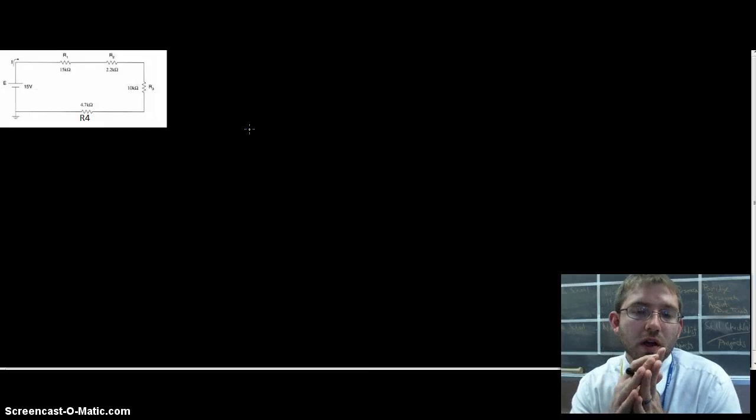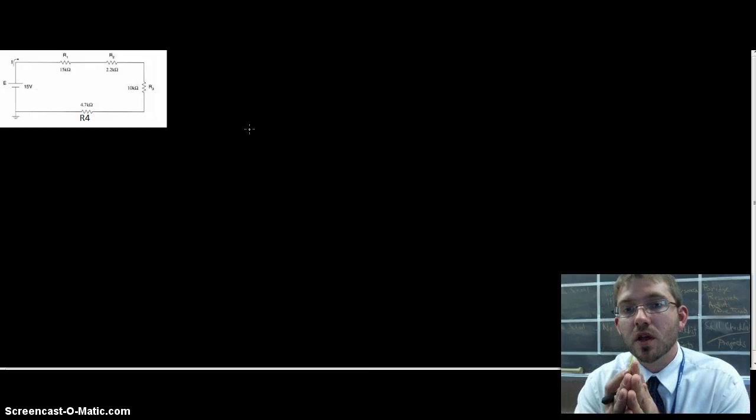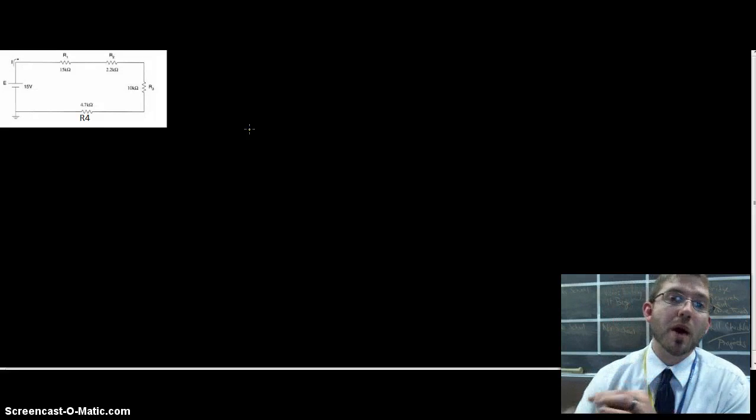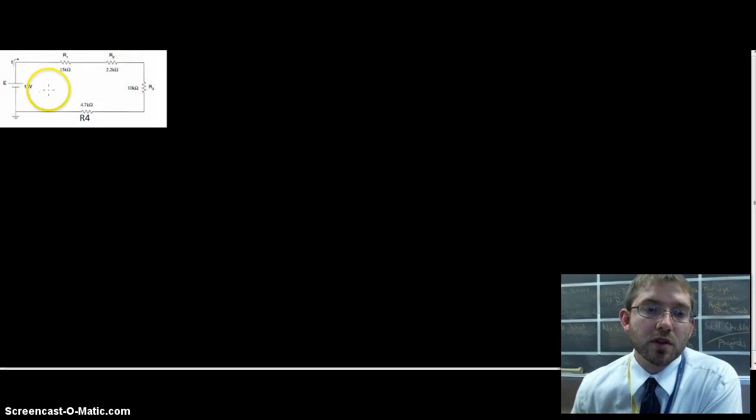We can use Ohm's law to do some calculating of some values. So let's go ahead and start with what we know about the picture. If you take a look, we know the battery's voltage source, as indicated by the picture, is 15 volts.